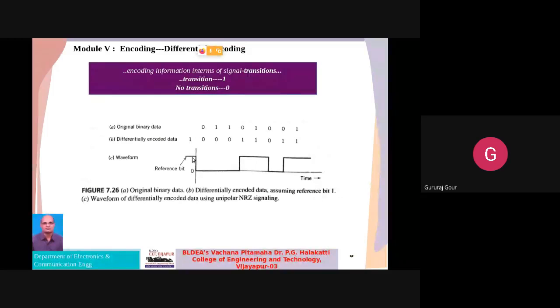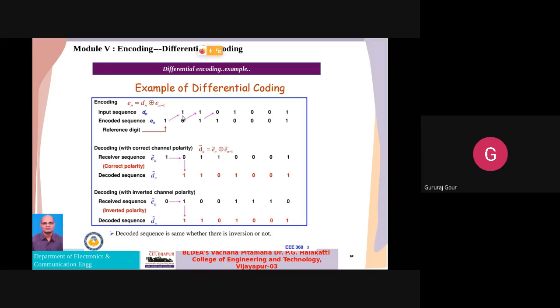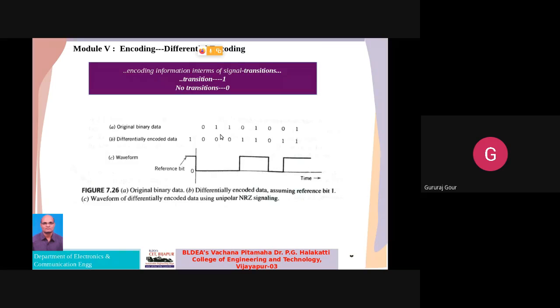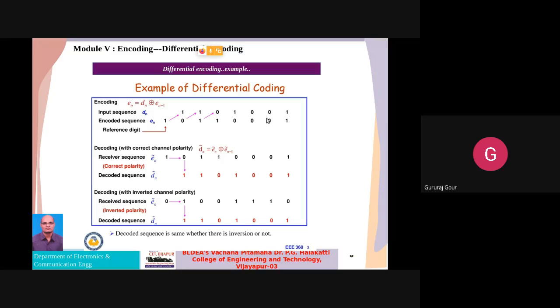The reference bit 1 that we assumed is represented by the high part of the waveform. Now it is coming down because of the transition from 1 to 0. Of course, the bit pattern will be different, but we can understand how the coding is done with the help of this example. So 1 XOR 1 gives 0, 0 XOR 1 gives 1, 1 XOR 0 gives 1, 1 XOR 1 gives 0, 0 XOR 0 gives 0, 0 XOR 0 gives 0, 0 XOR 1.